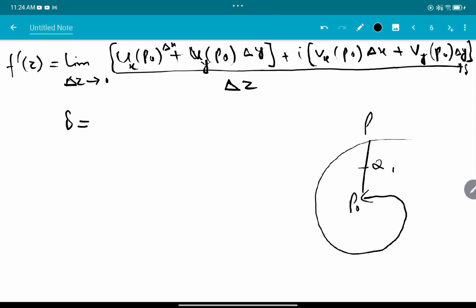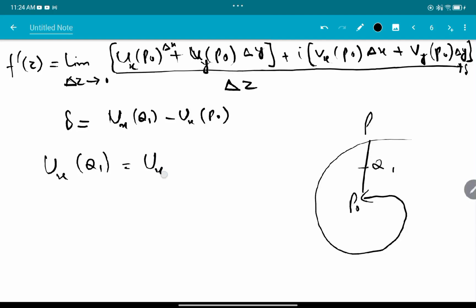This means that the error that I committed was ux Q1 minus ux P naught. Because I had this term ux Q1, and in its place I wrote ux P naught.